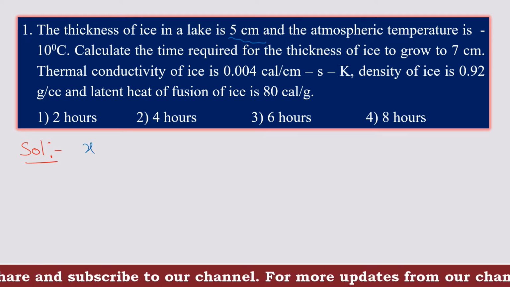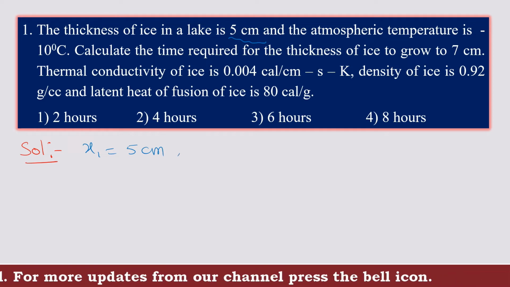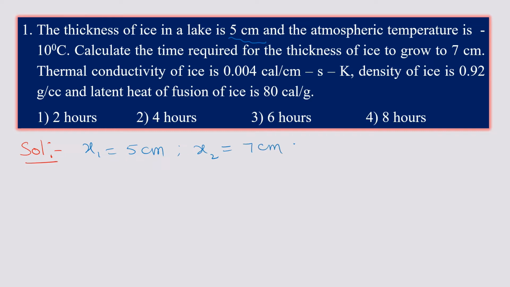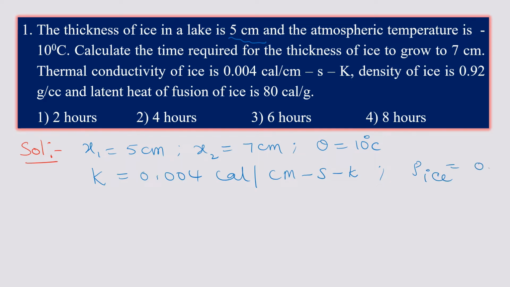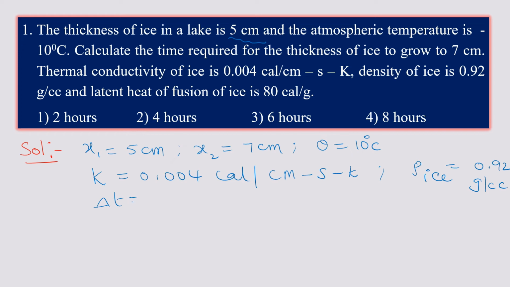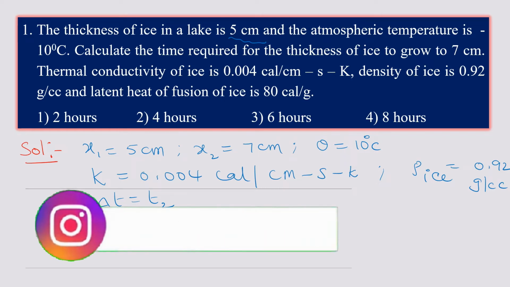So, x1 is equal to 5 centimeters and x2 is equal to 7 centimeters, and theta is given as 10 degrees centigrade and its thermal conductivity K is equal to 0.004 calorie per centimeter second Kelvin, and they gave the density of ice as 0.92 gram per cubic centimeter, and we have to calculate the required time.